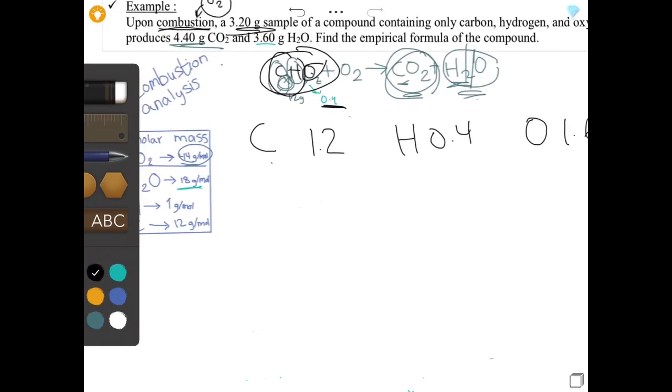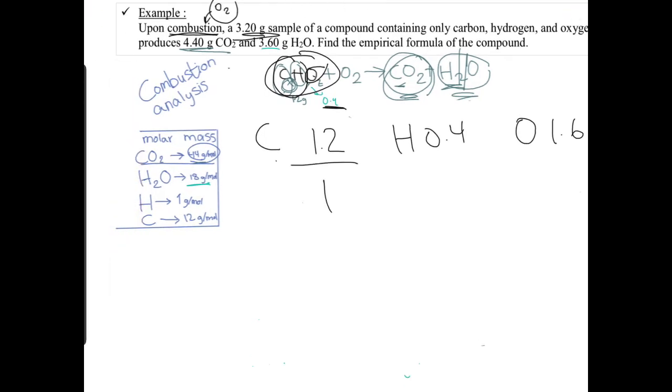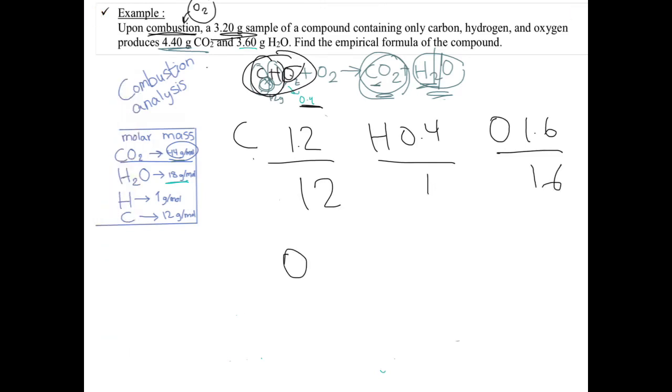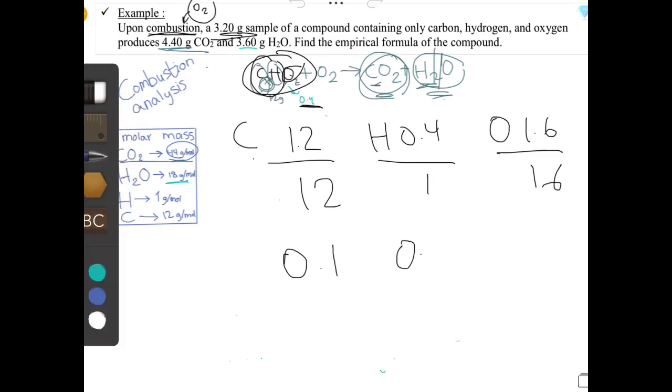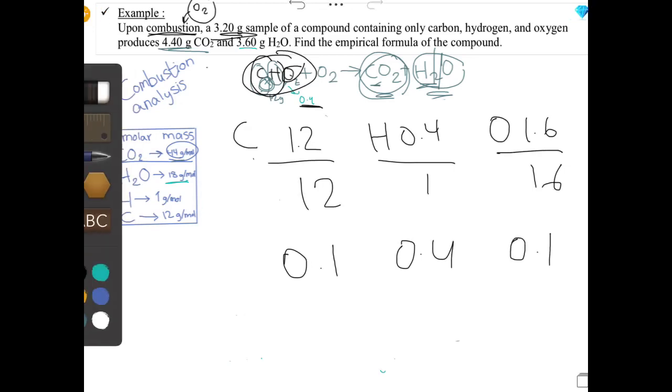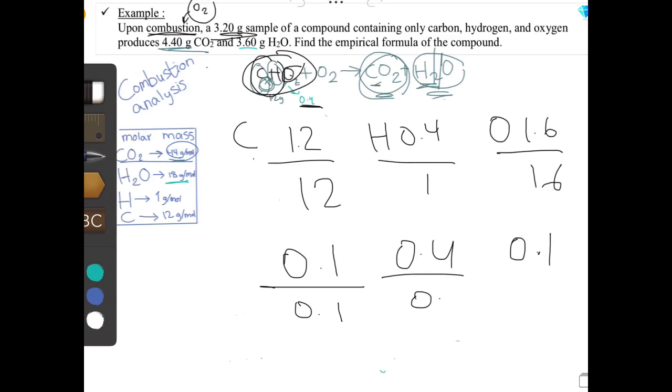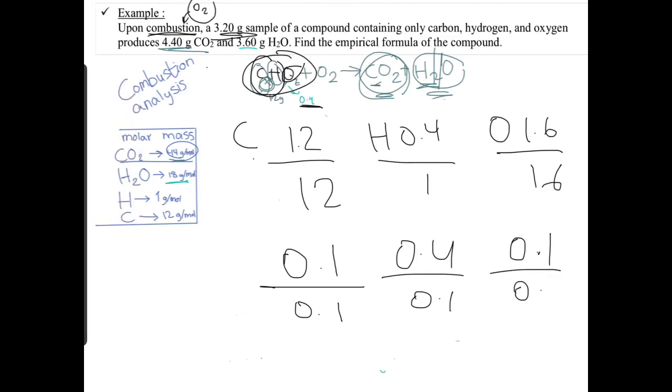Just divide by molar mass: this divided by 12, this divided by 1, this divided by 16. So it will be 0.1, 0.4, 0.1. Then divide by the smallest: 0.1, 0.1, 0.1.